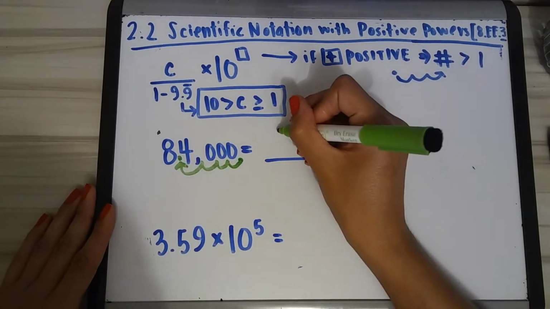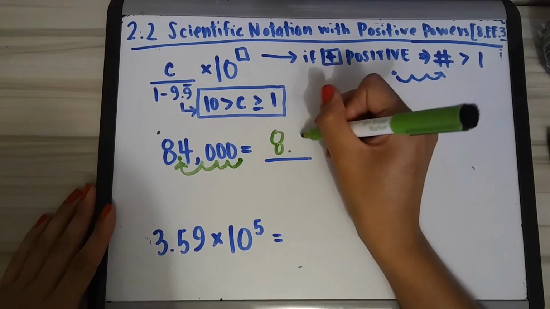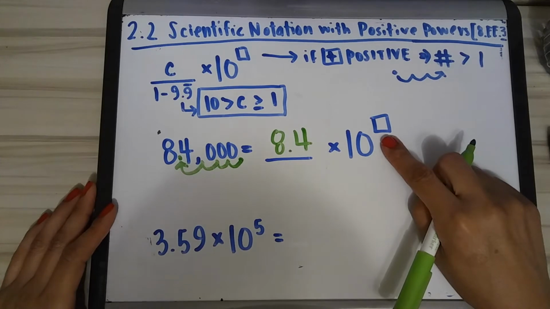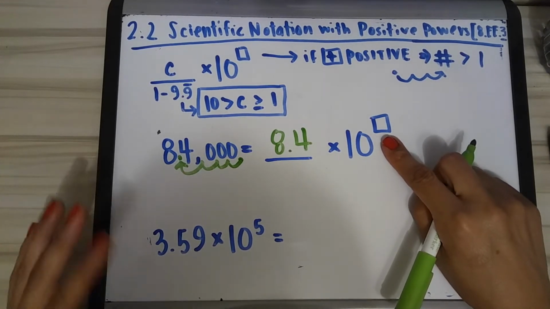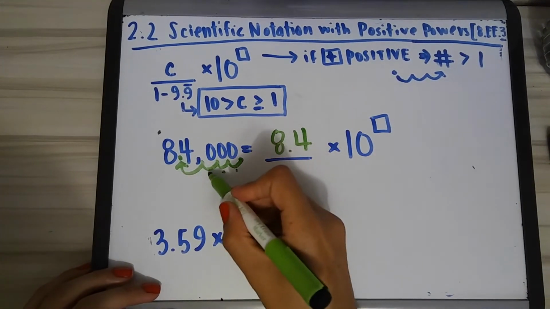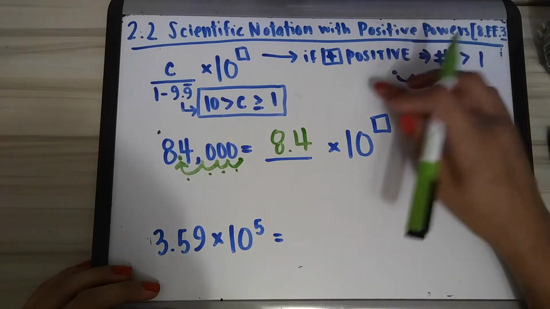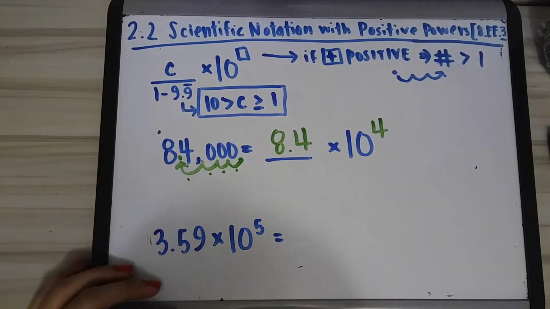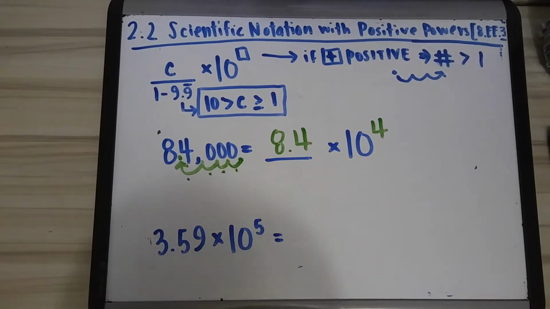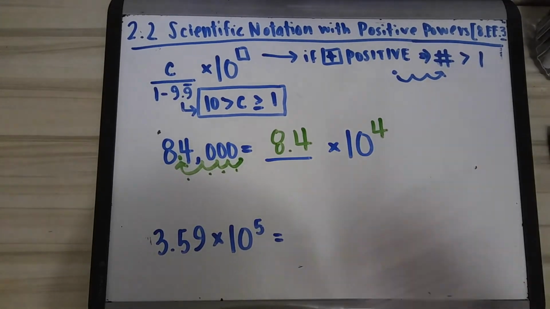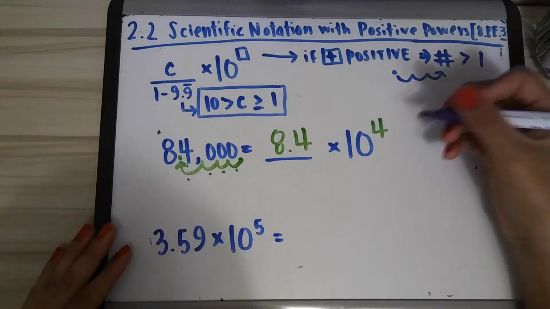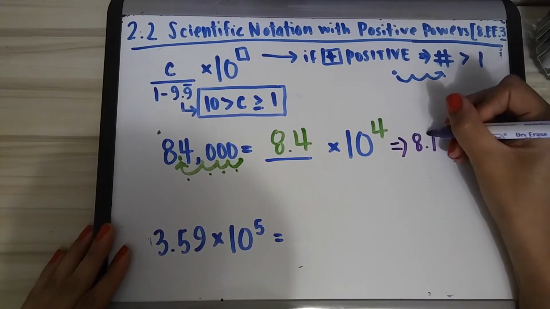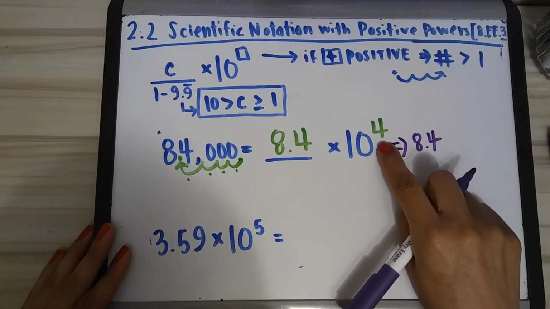So I'm going to write my 8.4 right here, and I'm going to multiply by a power. Now, the power right here is how many times I moved my decimal place to the left. So I have 1, 2, 3, 4. So right here, I'm going to have 10 to the 4th power. Now, if I were to take this back to its original form, I'm going to go like so: 8.4, and then I'm multiplying times 10 to the 4th.